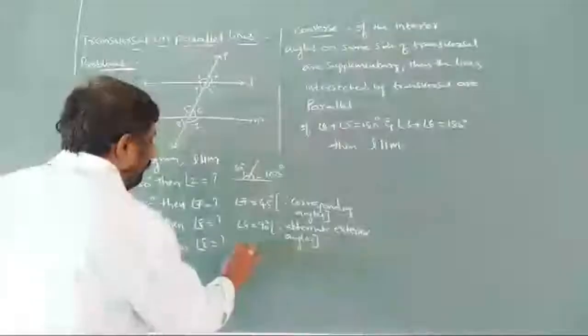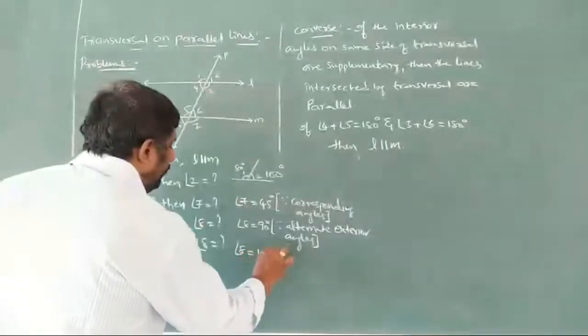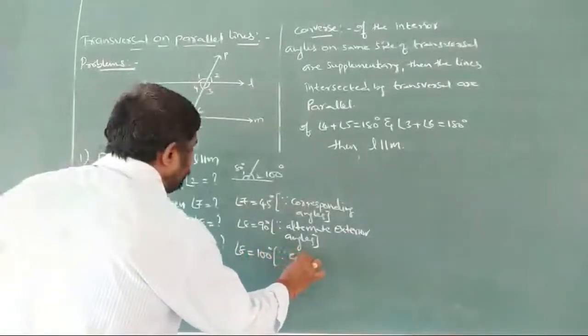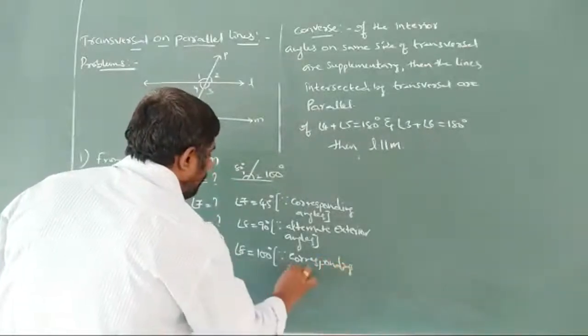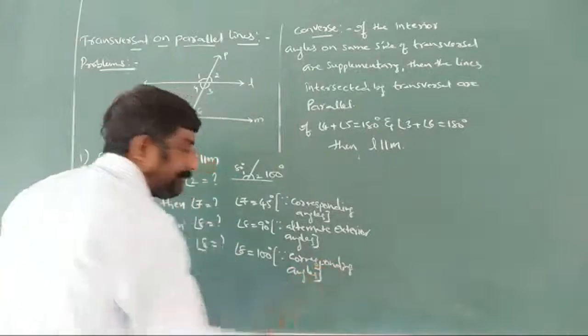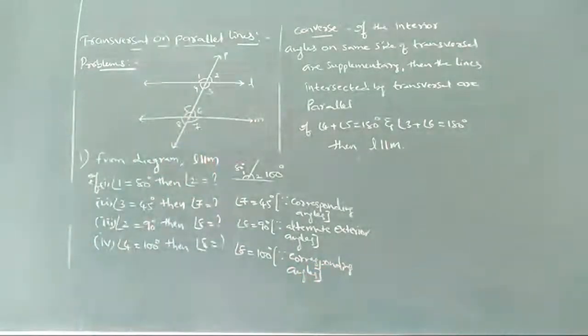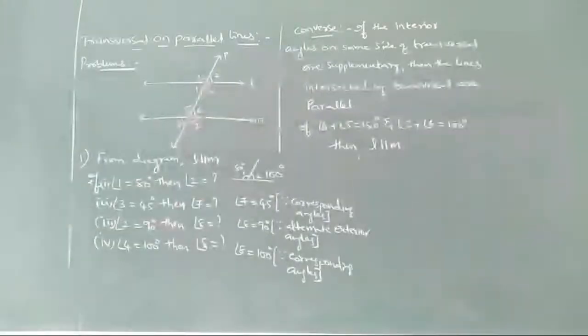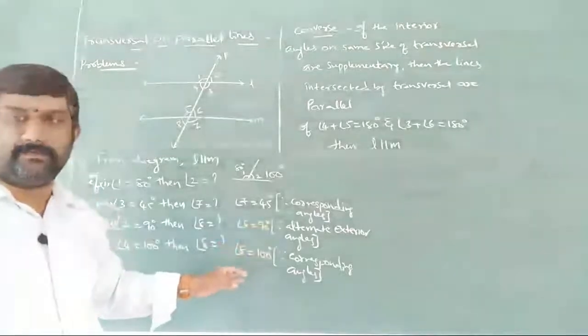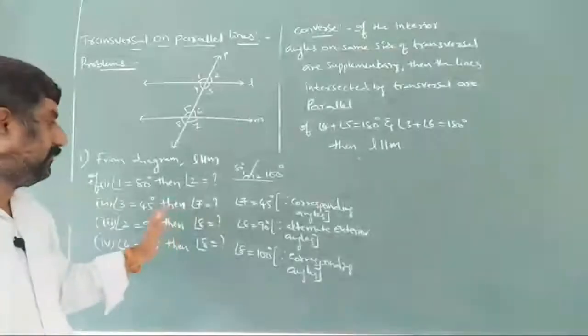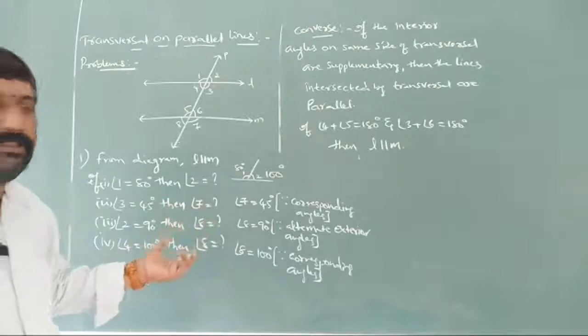So angle 8 is equal to 100 degrees since corresponding angles. Okay, so like this, basing on corresponding angles, alternate angles, linear pair being supplementary, you can find the values which we need here. Let us see the second problem.